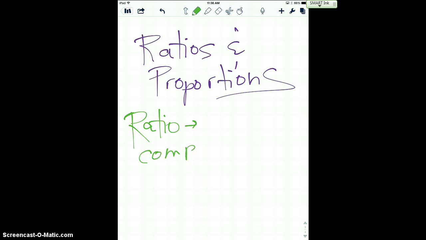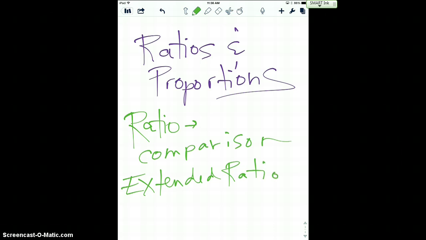So I'm going to put a comparison. And if I extend that idea, called the extended ratio, this one is a comparison also, but of more than two quantities.